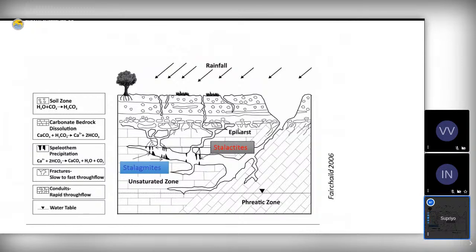Now it is to be noted here that the isotopic values in the rainfall carry the signature of the moisture. It is not necessarily the signature of the rainfall itself.